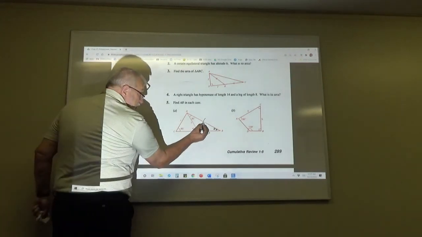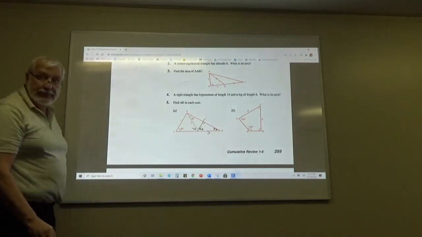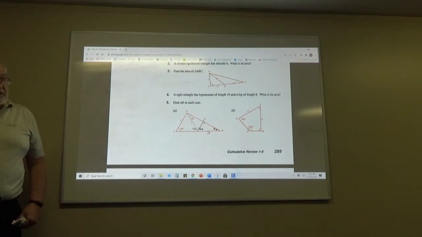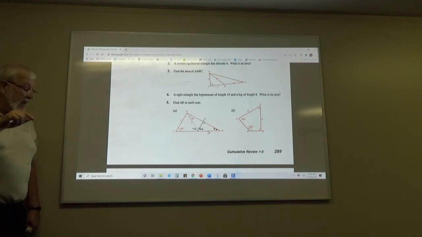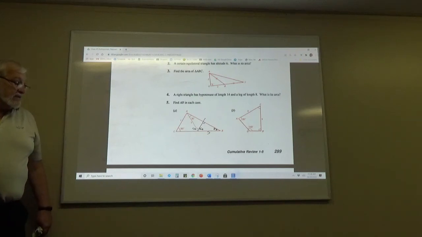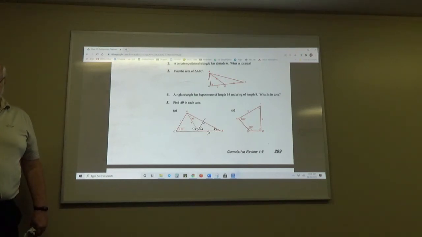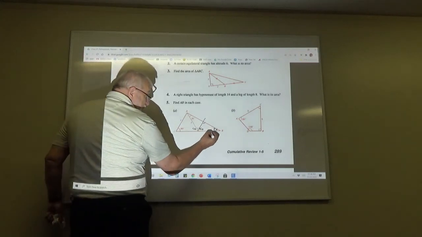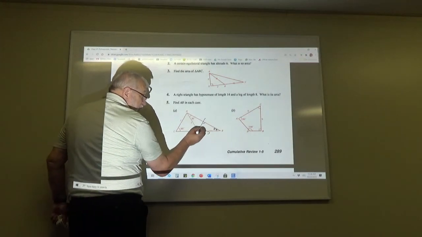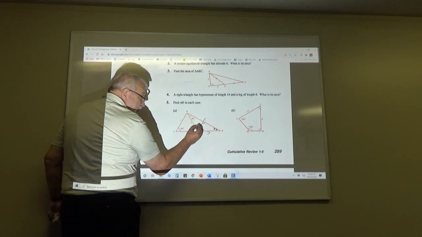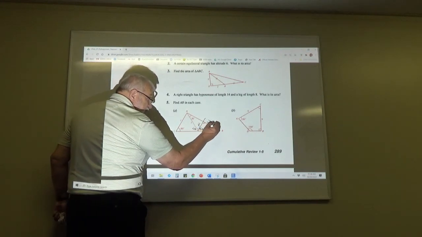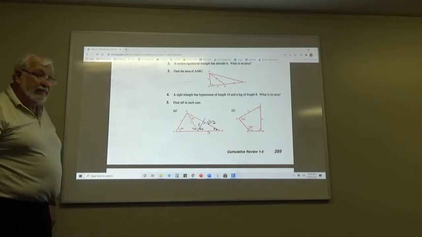All right, so here's my right triangle. What do you know about a 30 and a hypotenuse in a 30, 60, 90? That the short side opposite is how much? Half. Okay, so if this is the hypotenuse, this is 7 over 2, and this is 7 over 2 times the square root of 3.